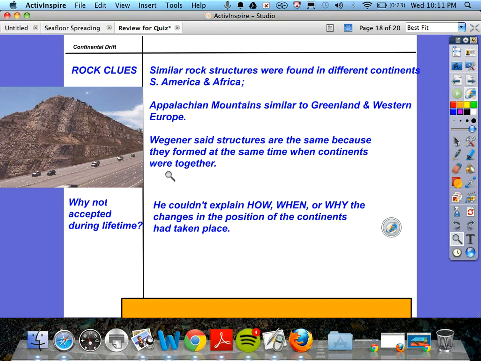And he proposed that these rock structures and mountain ranges were the same because they formed at the same time when the continents were together. With all that evidence, Wegener's theory of continental drift was not accepted during his lifetime because he could not explain how, when, or why the continents moved.